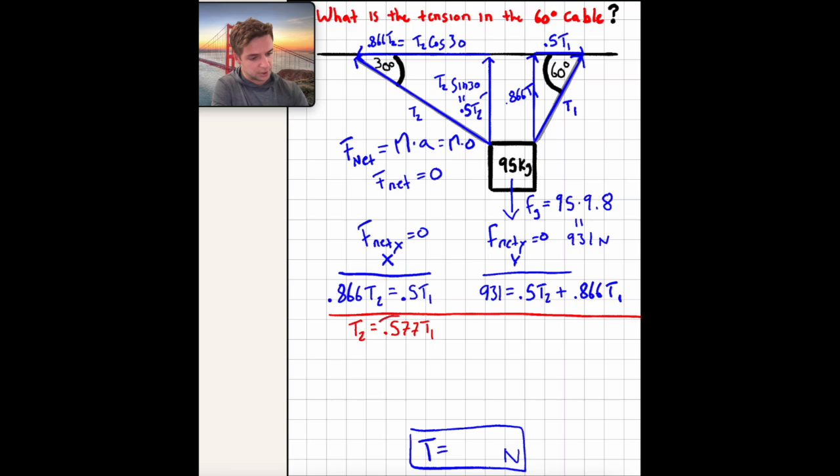Now I can substitute it in for T2, and I get 931 is equal to 0.5 times T2, which we now know is 0.577 T1, plus 0.866 T1. Now we can see we have an equation with only one variable in it.